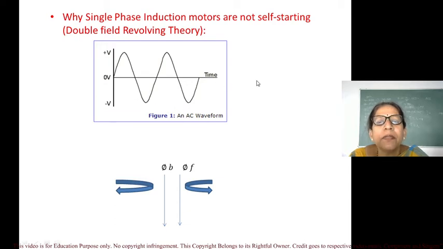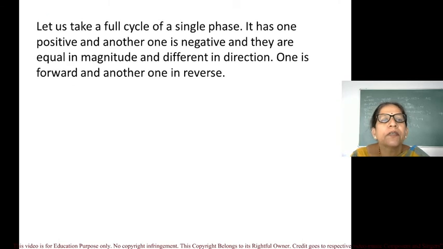The two half cycles have equal magnitudes, positive max and negative max, but different directions.